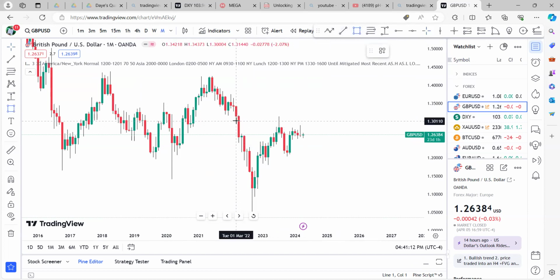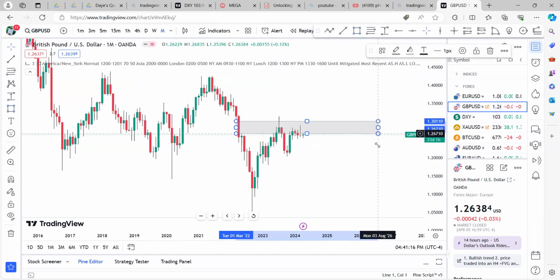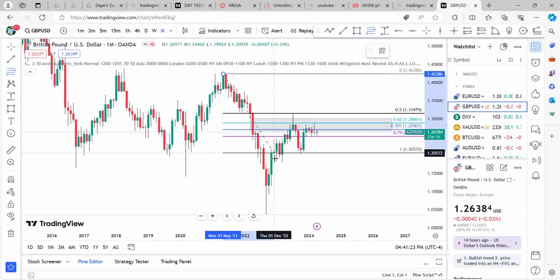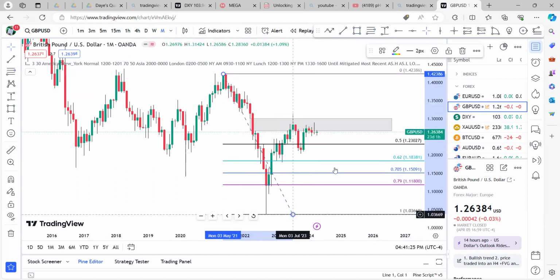Fundamentally, this imbalance. Remember what I told you earlier, price moves from premium to discount, then from discount to premium. Take the swing high to the swing low. Price is about 50%. A PD array that is about 50% is a higher probability PD array because this is a premium market.